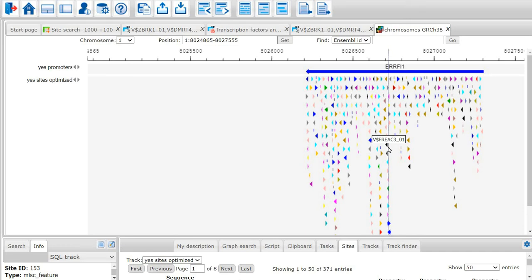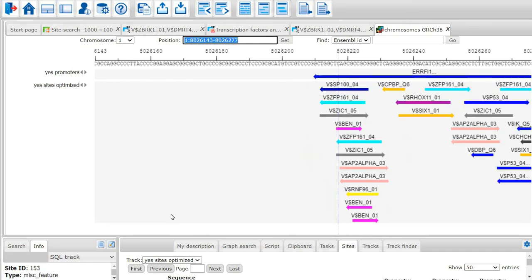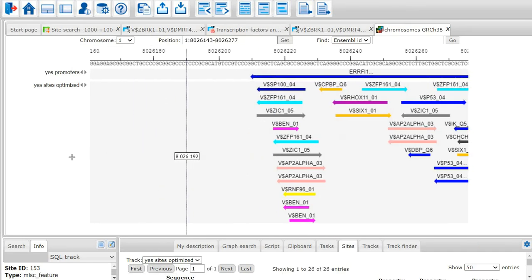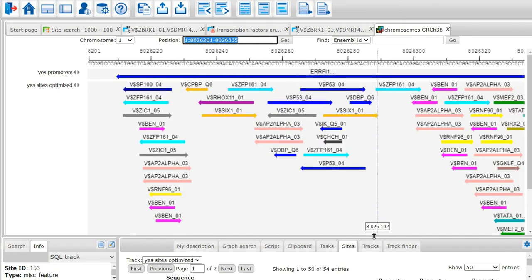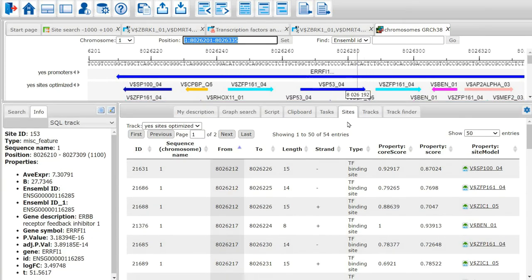As shown here, for the promoter EPSTI1, the length of the promoter is 1100 base pair. All the transcription factor binding sites can be seen binding to the promoter and can be visualized in detail here. They can be seen as a complete list from the Sites tab below the workspace.